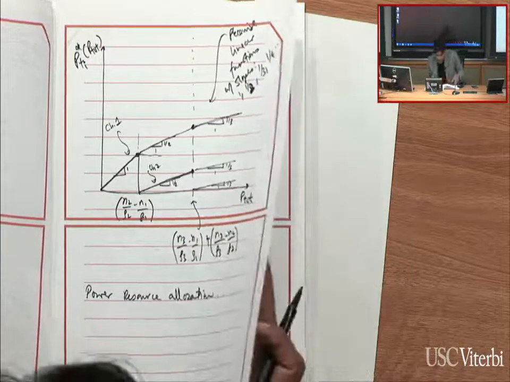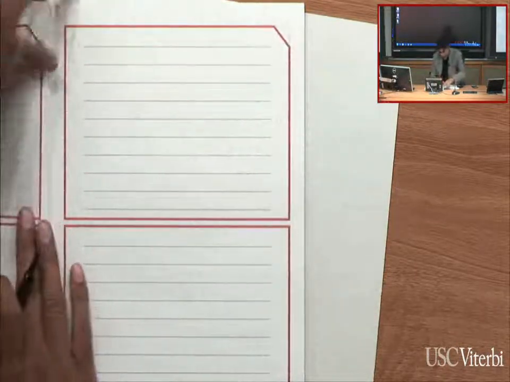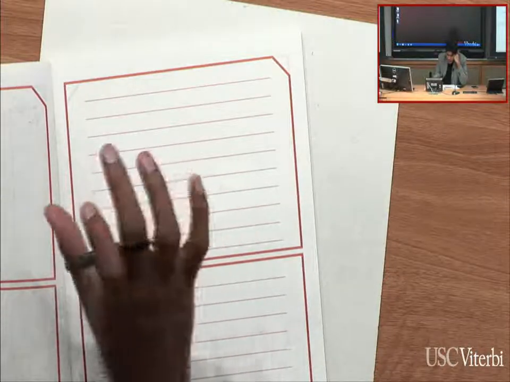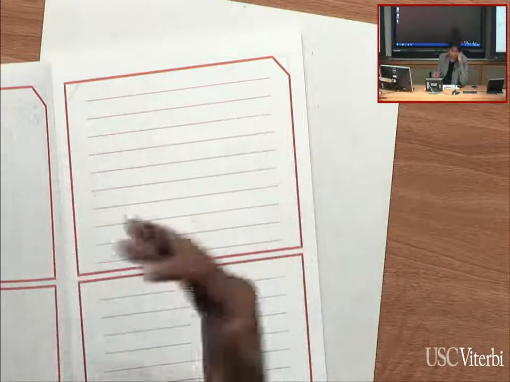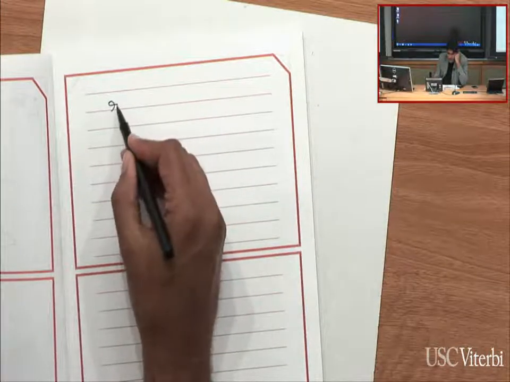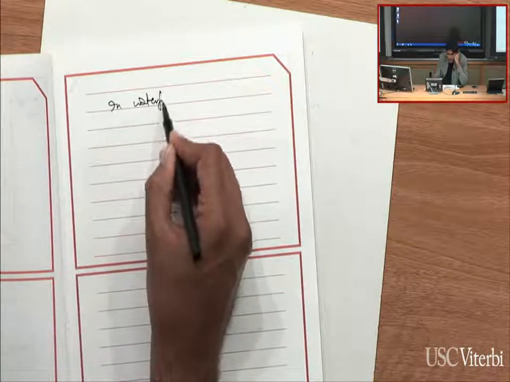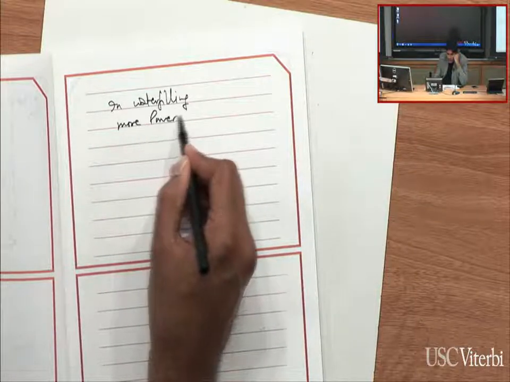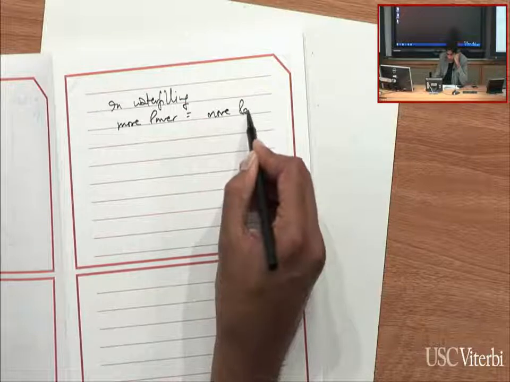Okay, so that's water filling. A different place where we encounter power control. Water filling assumes that the additional power that you put in can be used to give you a rate improvement. So basically, more power equals more rate.